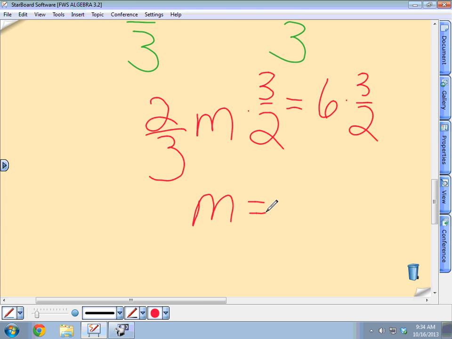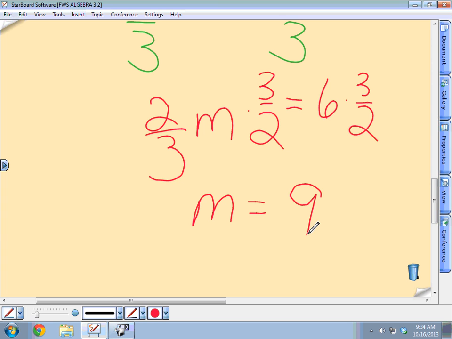And then what is 6 times 3/2? 9. Notice 6 times 3 is 18, divided by 2 is 9. Or 6 divided by 2 is 3, times 3 is 9, either way. So we know m is 9.